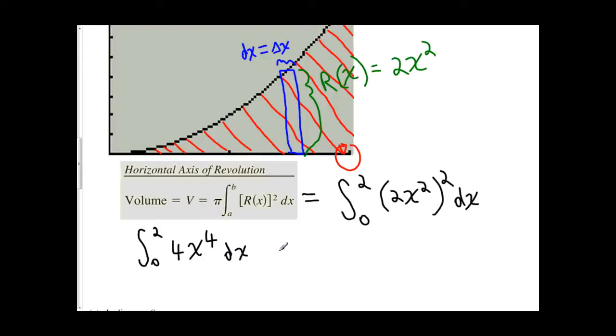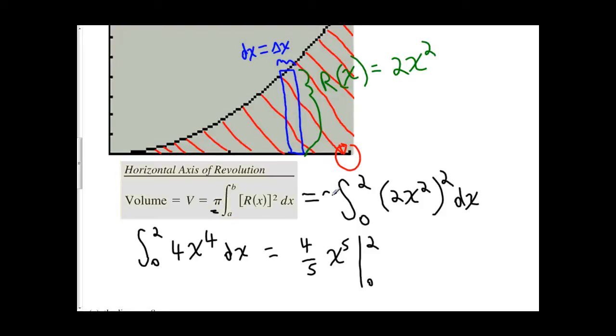And I believe this gives us 4 fifths x to the fifth power going from 0 to 2. And then all we have to do is plug in our upper and lower limits. Oops, it seems like in the calculation I've been forgetting to bring along the pi. Can't forget the pi. Used to make that mistake when I was an undergrad too.